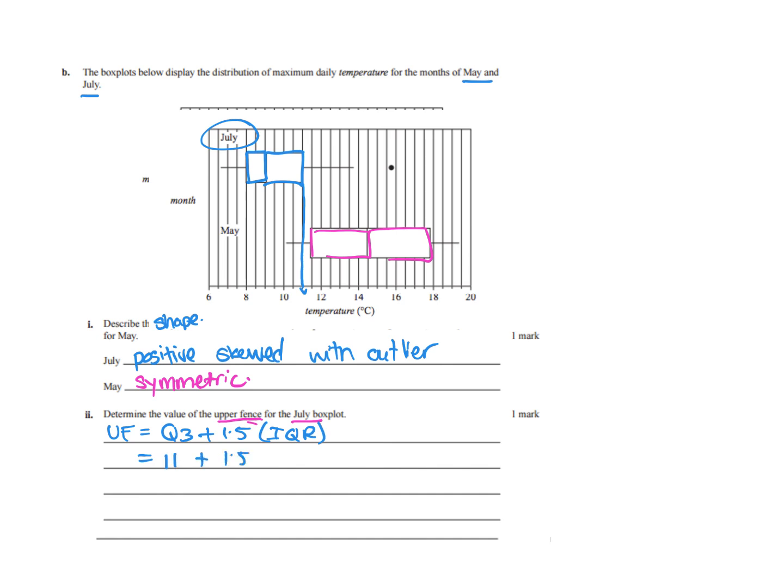Is that what you think? Yes. 11, and what's Q1? 8. So 11 minus 8, you pop that into your calculator, so it ends up being 15.5. So can you see that's why this guy is an outlier, because it's higher than 15.5.